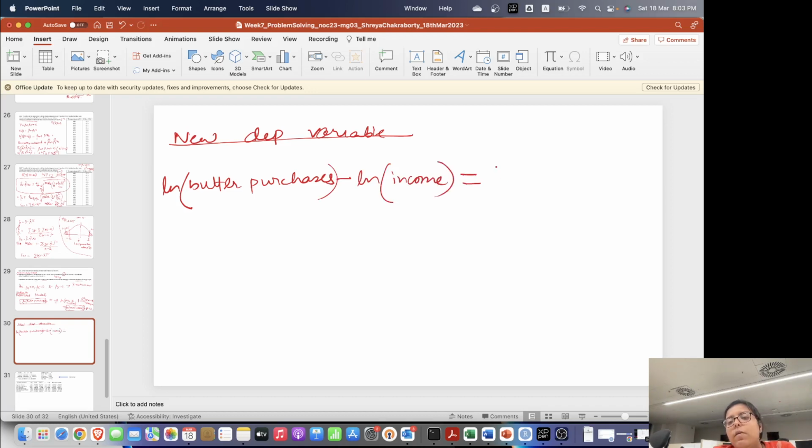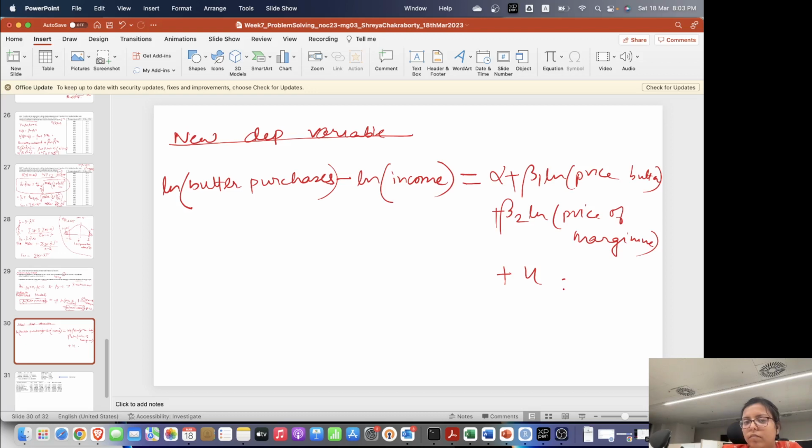This one we can model as alpha plus beta 1 ln of price of butter plus beta 2 ln price of margarine plus u. So this is my restricted model.